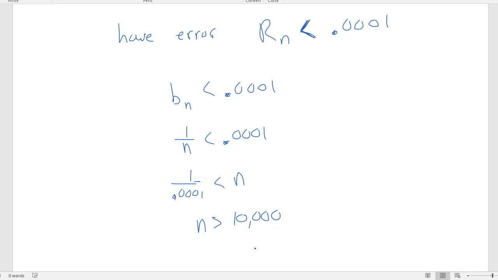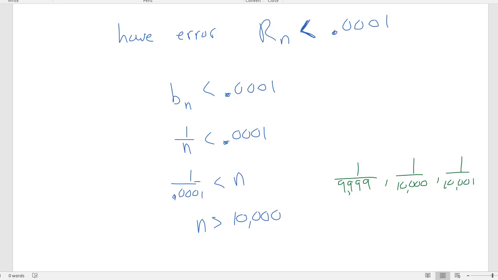But if I look at n equals 9,999, and then I look at n equals 10,000, so there's the 10,000th term, and then there's the 10,001st term.